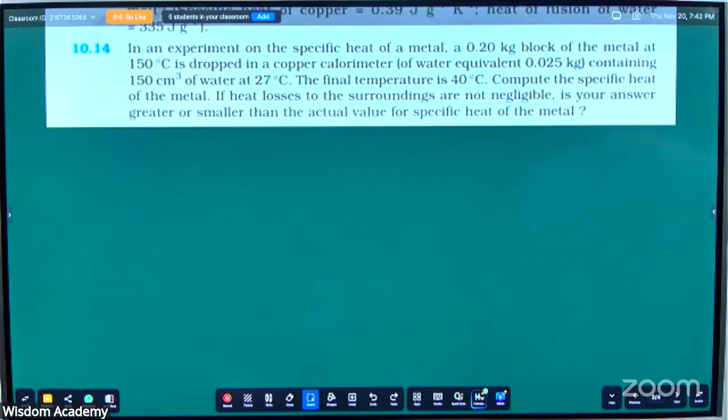Specific heat capacity of the metal, that's what they're asking to find, man. See what they're asking to find. Compute the specific heat of the metal. For copper, I'm checking the value from a table, CGS one.